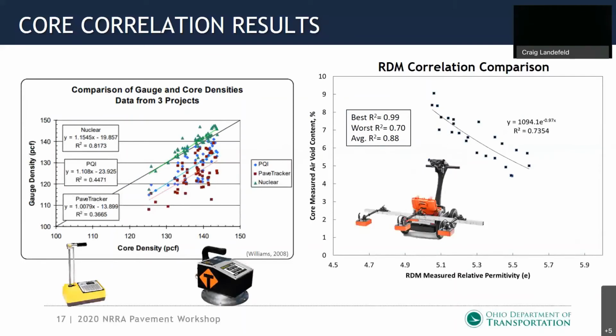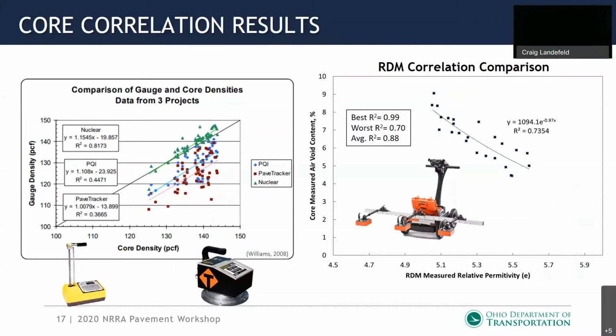So just a little bit of background in comparison to other methods of gauges collecting density. I looked at a project that we had done in Ohio with Dr. Sargan, measuring some nuclear density correlations with different types of gauges, and we looked at the PQI gauge and some other meters, and also found some other research from Williams in 2008 that shows some of the fit coefficients, or correlation coefficients, I should say, of different non-destructive devices to measure density.